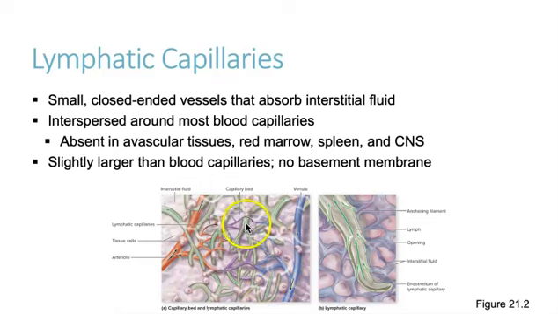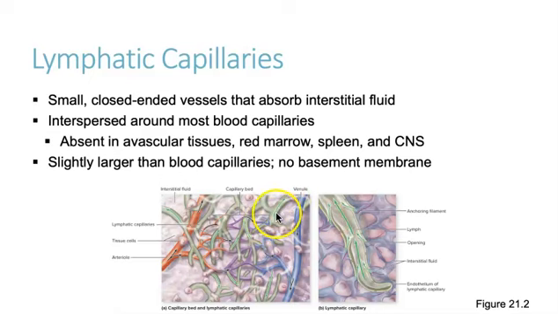Whereas if you look at the lymphatic capillaries pictured here, they start blindly. So this is a nice little close-up here, and that blind end or closed end here. And the way that they are able to pull in this fluid is through these valves, which we're going to take a look at in, I believe, the next slide. So that pulls in the fluid that way.